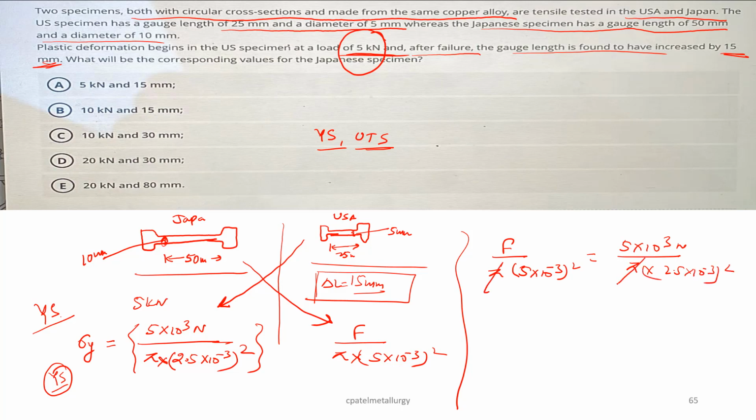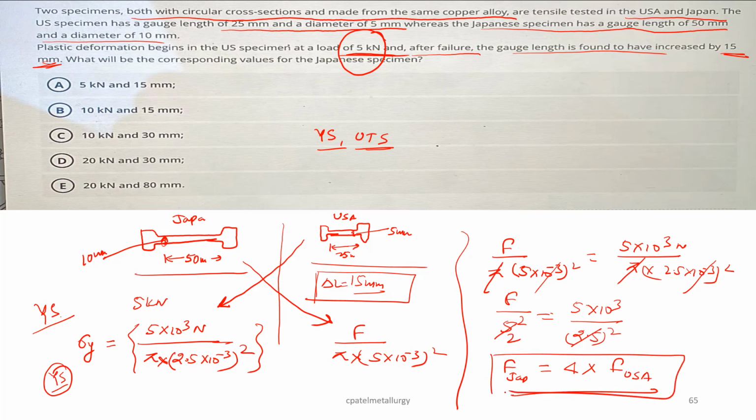The pi cancels, the 10 power minus 3 cancels, so F equals 5 into 10 power 3 times 5 by 2.5 whole square, which is 2 square. So F in the case of Japan will be 4 times the F in USA.